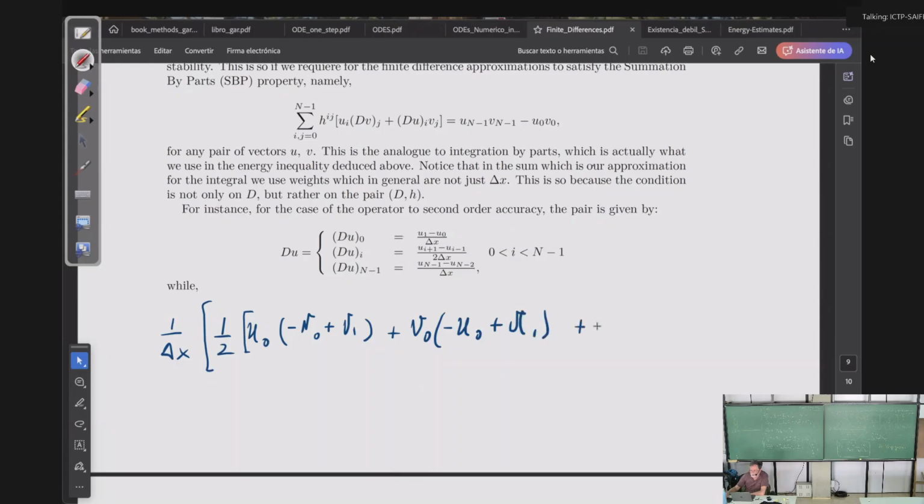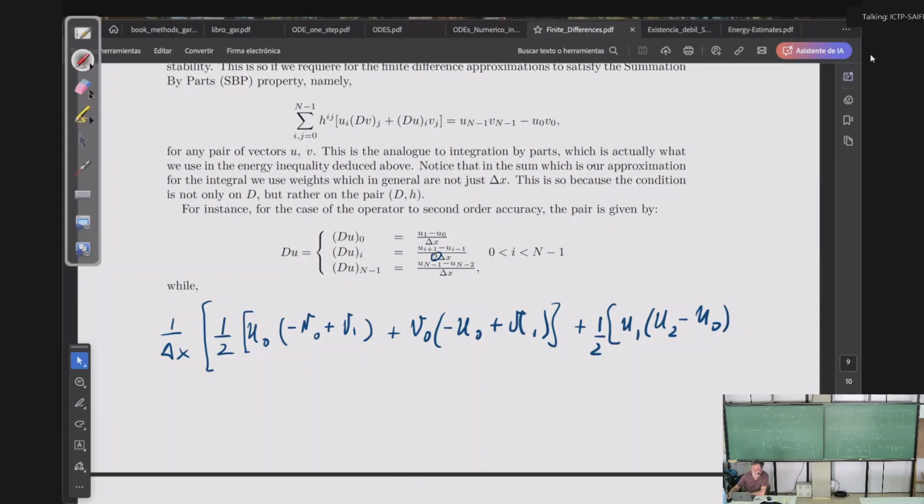And then the next one is factor 1 here, and I have U1, U2 minus U0, and I have a 1/2, right, because this is center derivative, this 1/2 here.